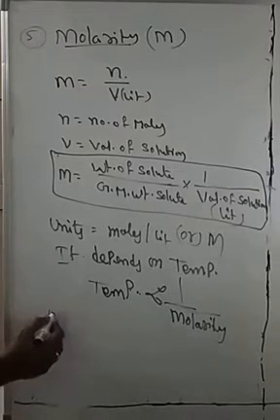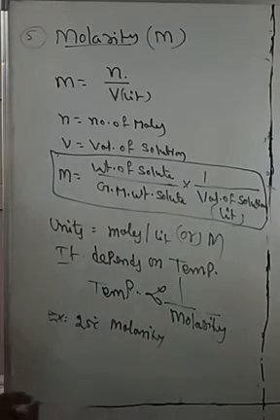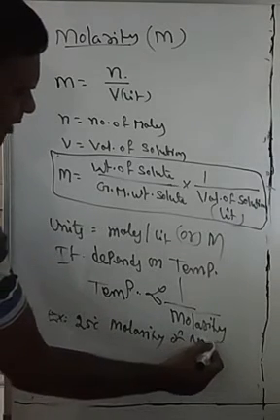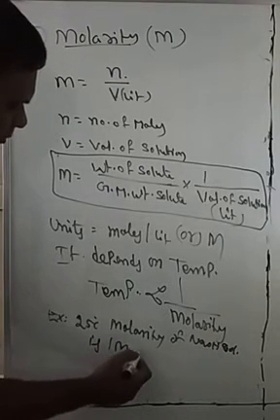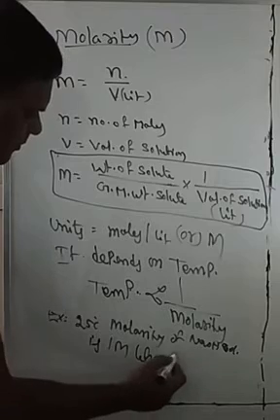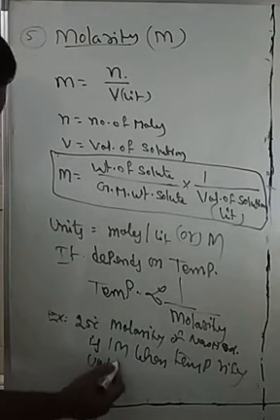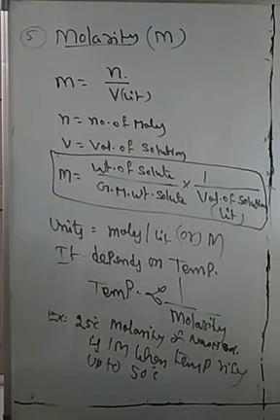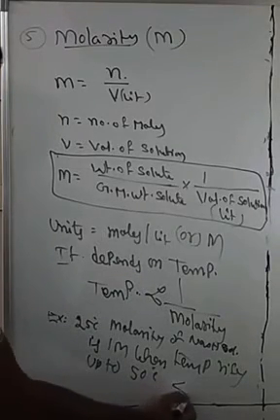For example, at 25 degrees centigrade, molarity of NaOH solution is 1 M. When temperature rises up to 50 degrees centigrade, what happens to molarity? At 25 degrees centigrade, 1 M. At 50 degrees centigrade, the molarity becomes less than 1.